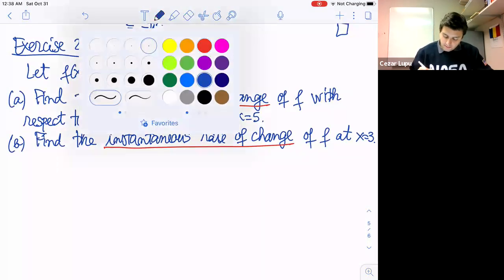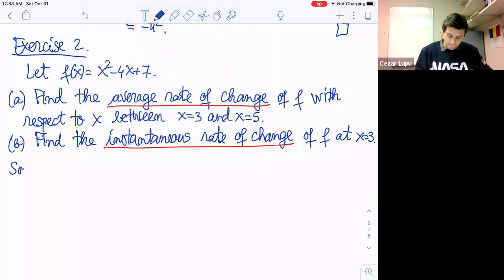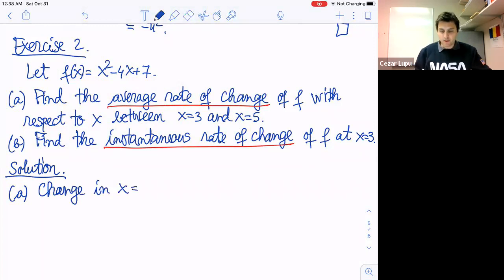So the first one, the change in x is delta x, which is nothing else than, well, you see, I'm interested in these 2 points, x equals 3 and x equals 5. So this would be 5 minus 3.